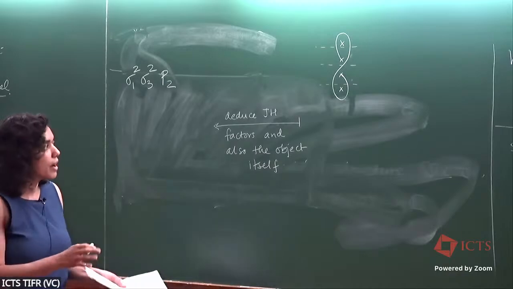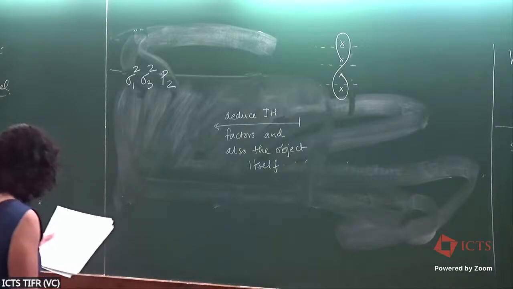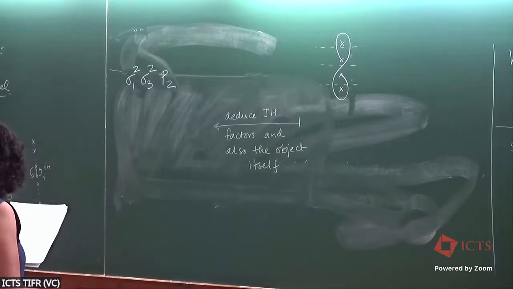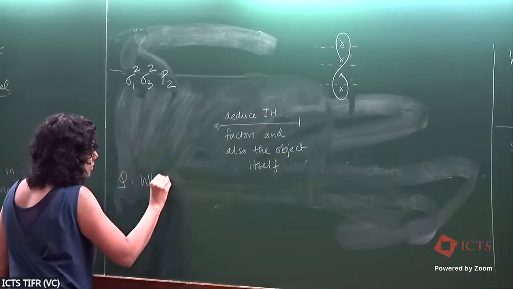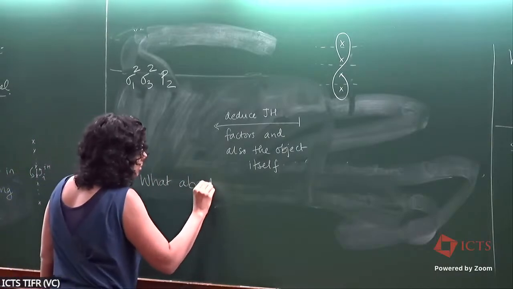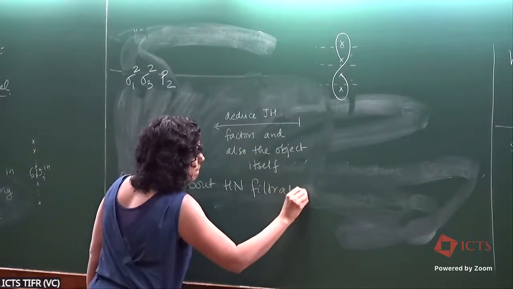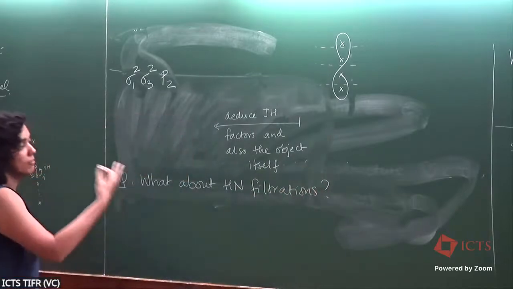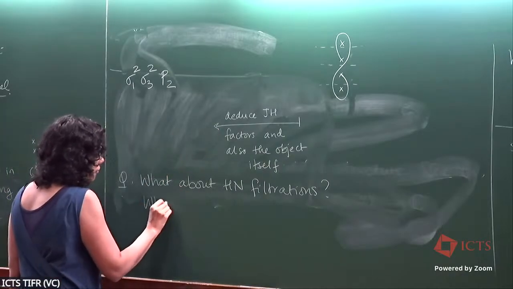And so our aim was to reconcile these two things. Okay, so the question is, what about HN filtrations on the categorical side, and on the geometric side, what about other configurations?